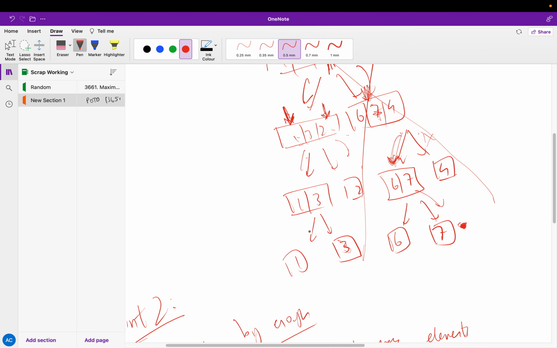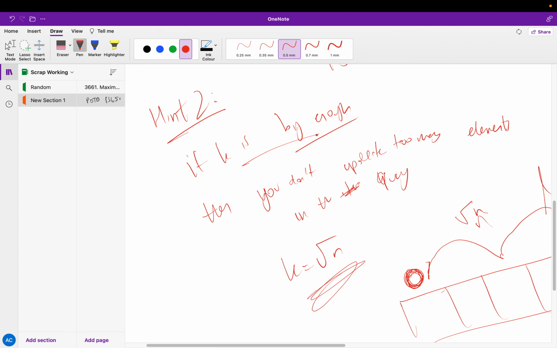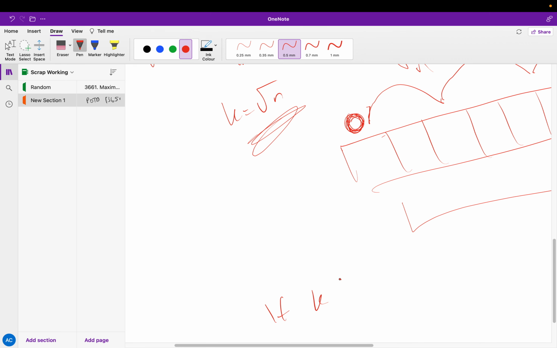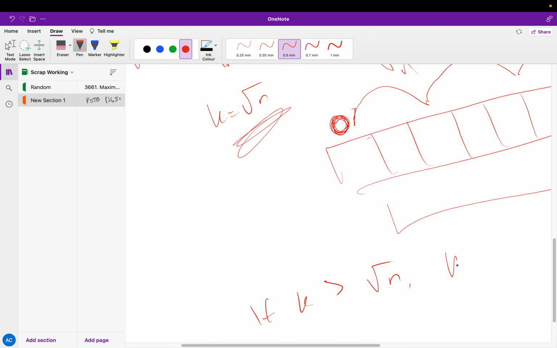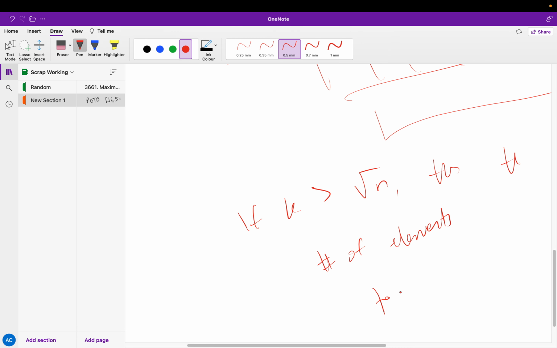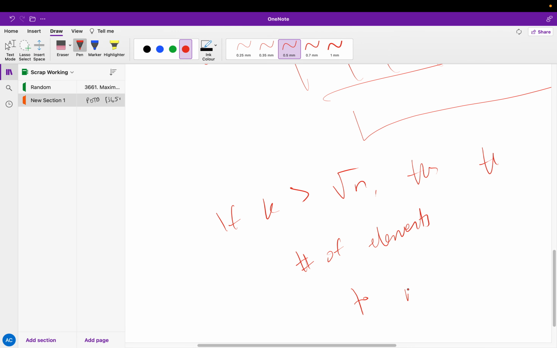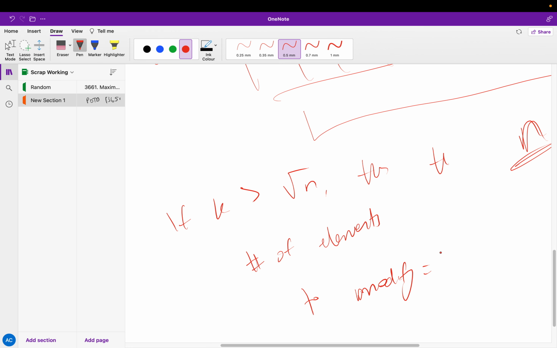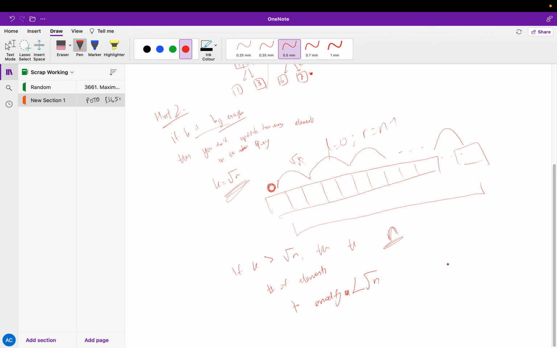So if k is greater than the square root of n, then the number of elements to modify is less than the square root of n, not equal to, less than.